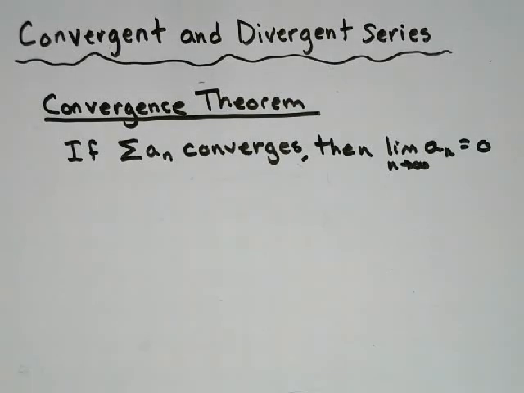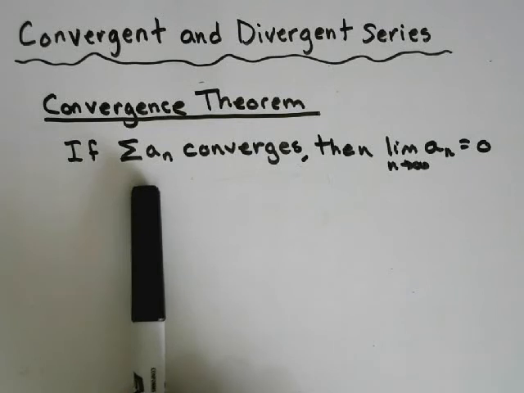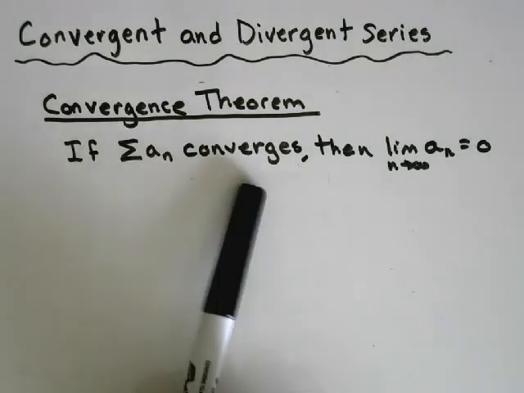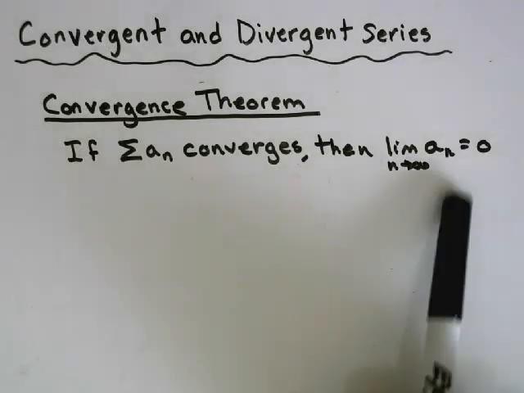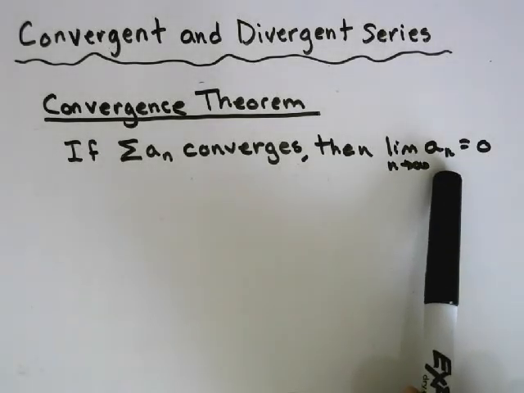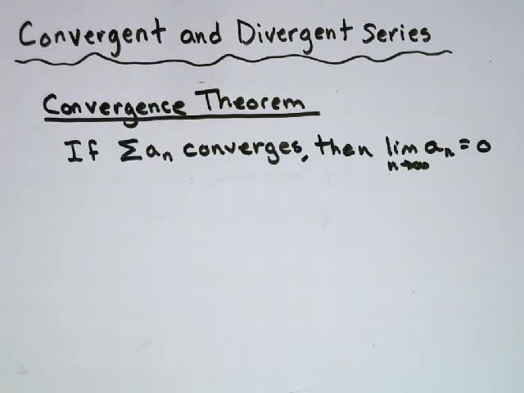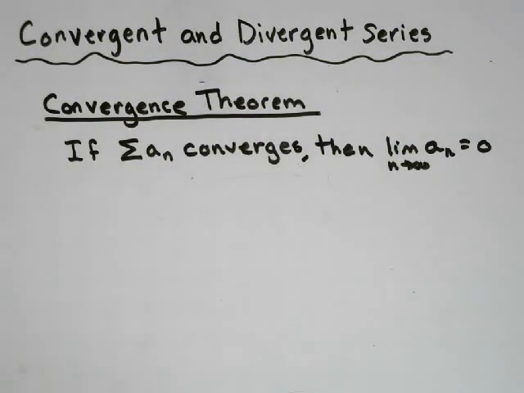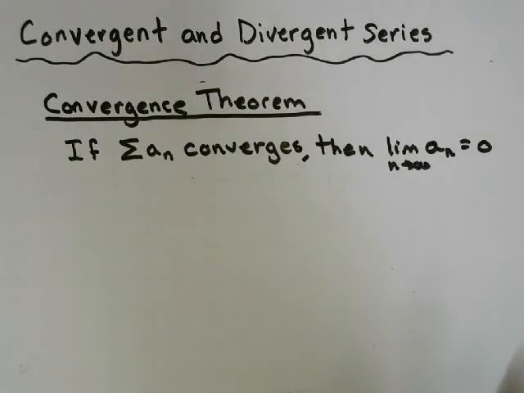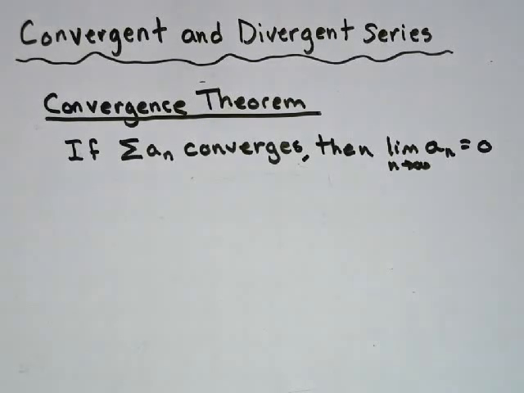So the convergence theorem just says if you have a convergent series, so if the sum of your whatever your an's is a convergent series, then that tells you that the limit has to have been 0 for the terms. The converse of that is not true. If the limit is 0, it may or may not converge. But if you know what converges, then the terms had to go to 0. Like I said, this is not a test. It's just sort of a fact.